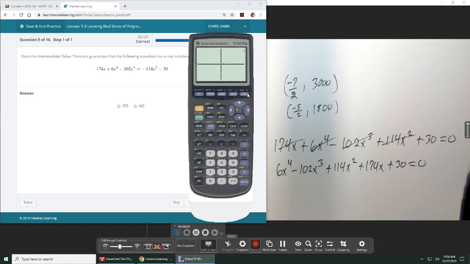So I'm going to graph it. Again, we might not see much. Okay, so we can see some lines. We do know it crosses on the x-axis.